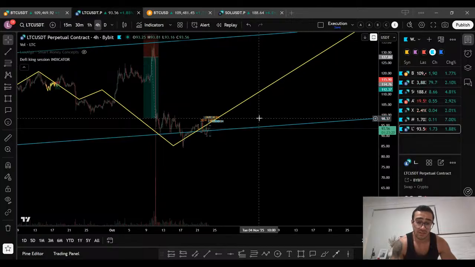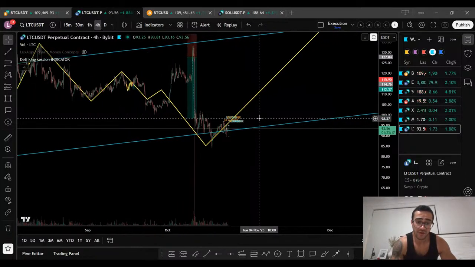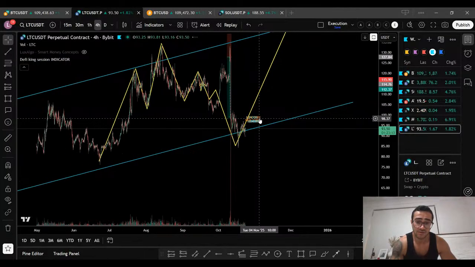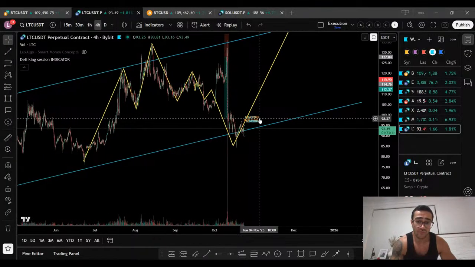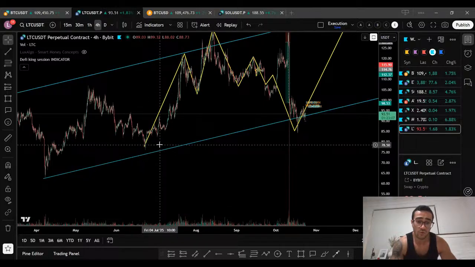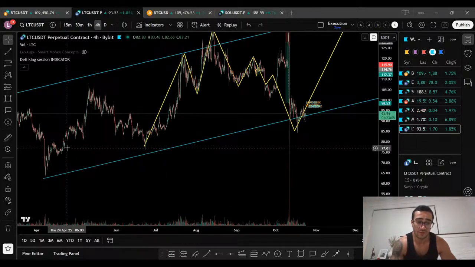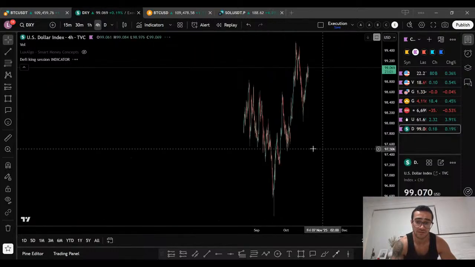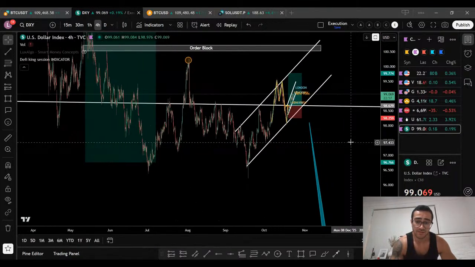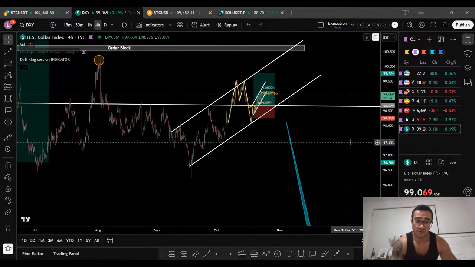So what we're seeing is we've bottomed out on all coins, stable coins, Litecoins, cryptos, all of them. Now that is correlating quite significantly with the DXY, isn't it? If I go back to that, look at this. Look at this. See? What do you see?